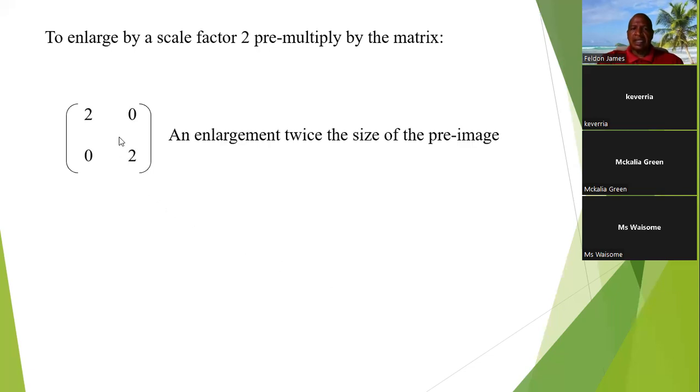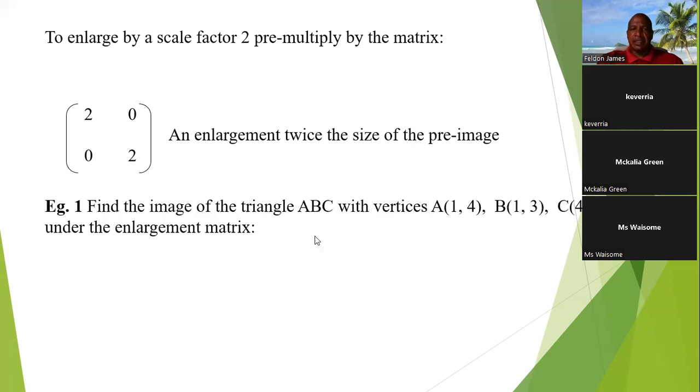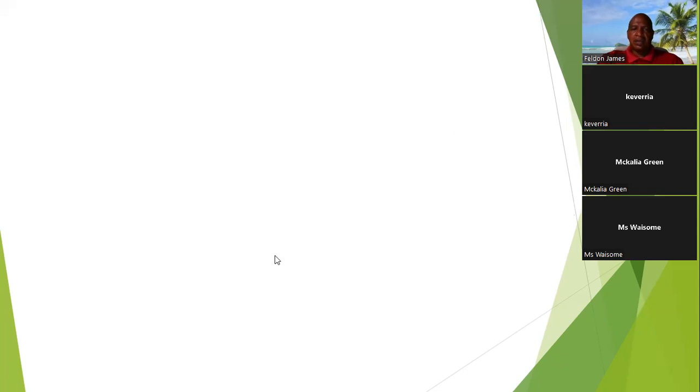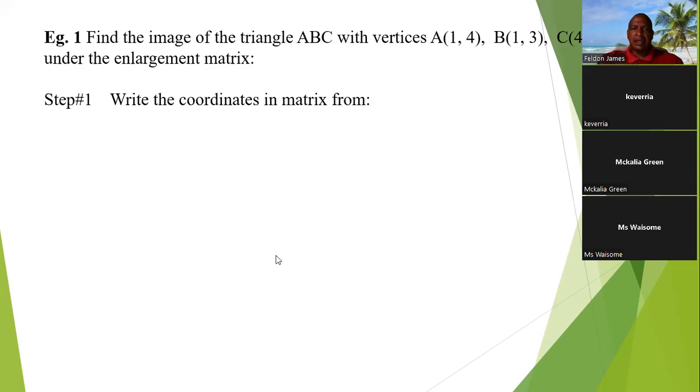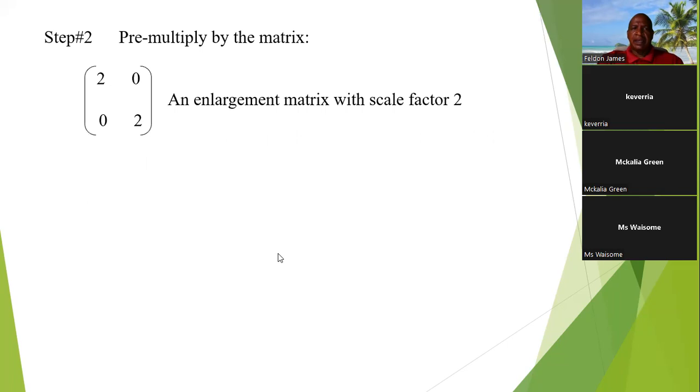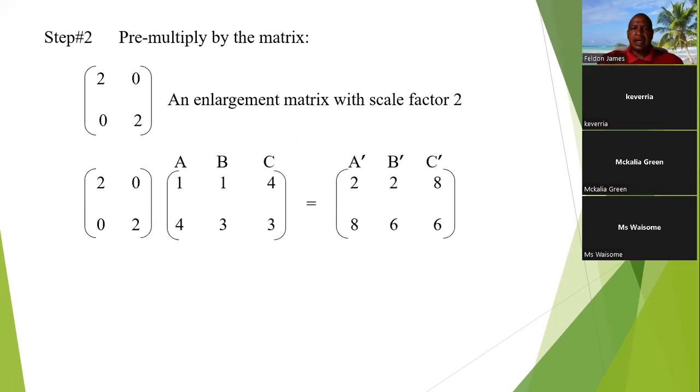So this is an example of an enlargement matrix. This is going to give you twice the size of the pre-image. All right. Here's an example. So you would multiply your matrix by your enlargement matrix. And then you would get your image to be twice what?